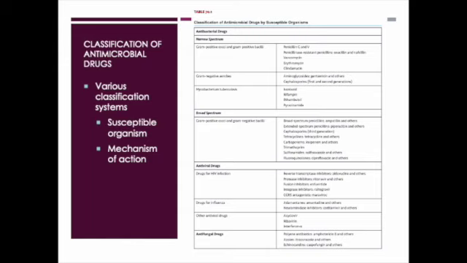The gram-positive cocci and gram-positive bacilli, we have our penicillin and our vancomycin, which are the prototypes within their classification. So use this to help you to break it down by the type of bacterium, virus, or fungus.